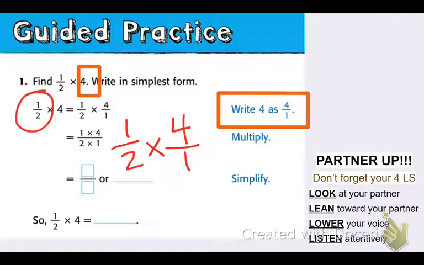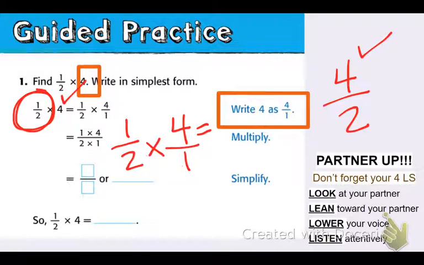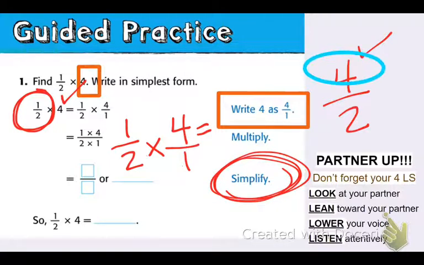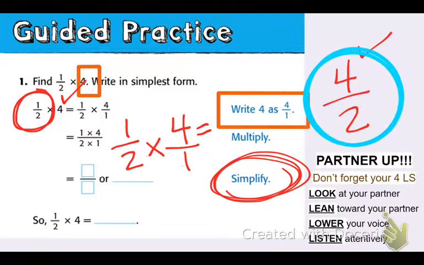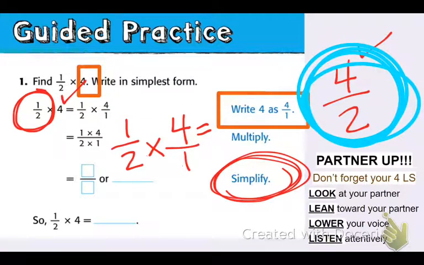1/2 doesn't change. So I can times it. 4 times 1 is 4. 2 times 1 is 2. Step 1, I created a fraction. Step 2, I multiplied. Step 3, I can go ahead and simplify. Can I change this improper fraction into a mixed number or a whole number?